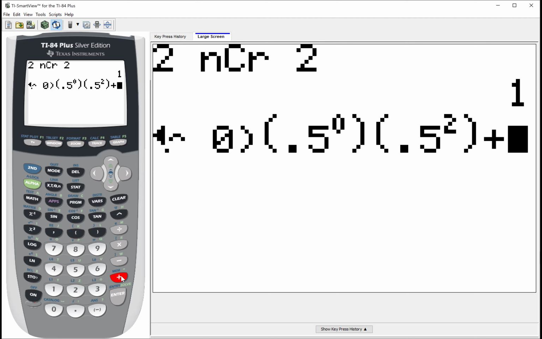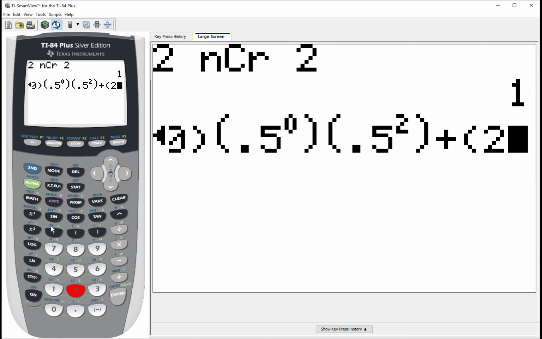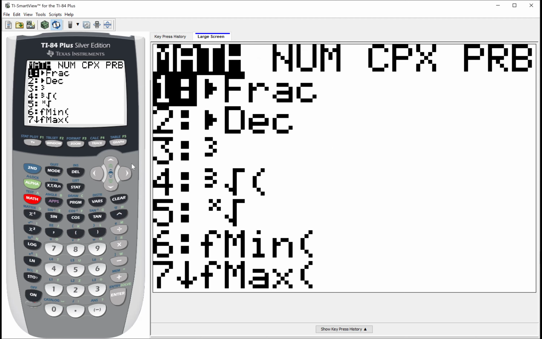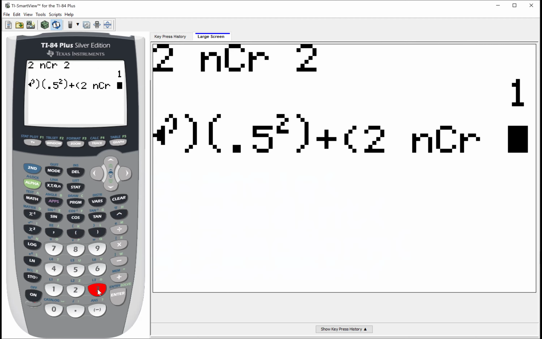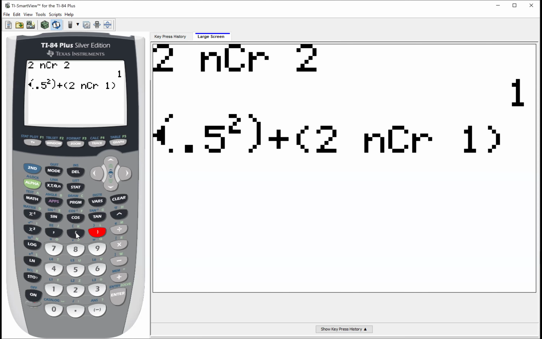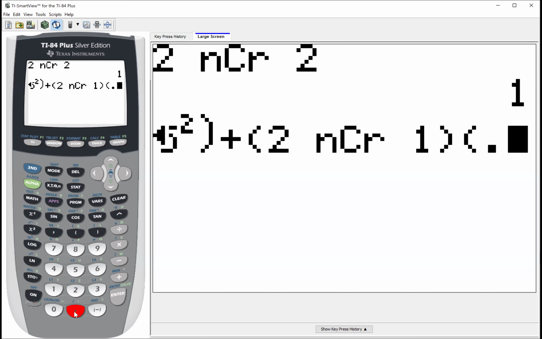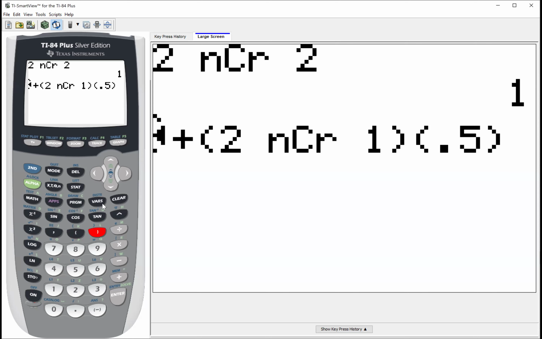Now we have to add that to the probability of 1 success. So plus, now open a parenthesis, we need to do our combination again, right? We're going to do 2 and then choose 1, close the parenthesis. Now open, and we're going to do 0.5 raised to the 1.